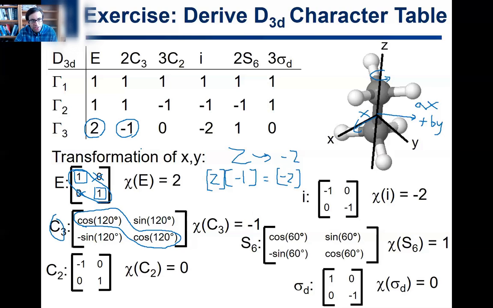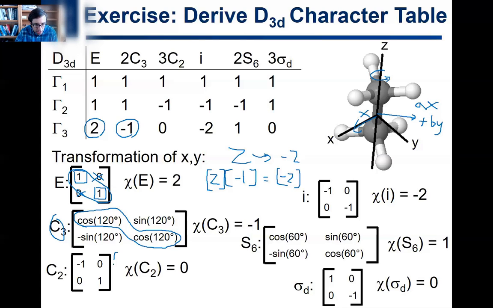If you get a fraction or some weird number, you know that you did something wrong, either in setting up your matrix or something like that, or you got your trig wrong. So the fact that even though we had fractions, -1/2, -1/2, we ended up with the trace being a nice whole integer, that is a good sign. So that's -1. So now we're going to do C2.